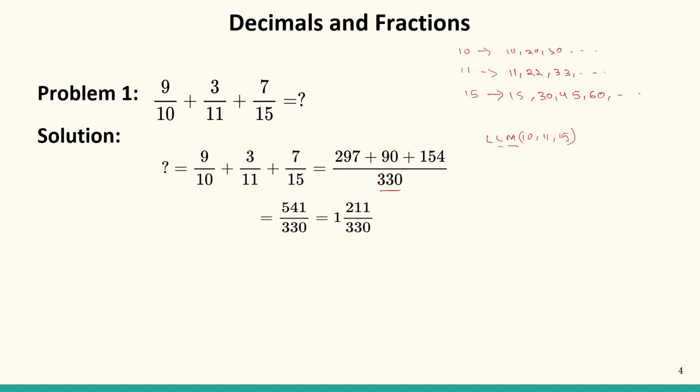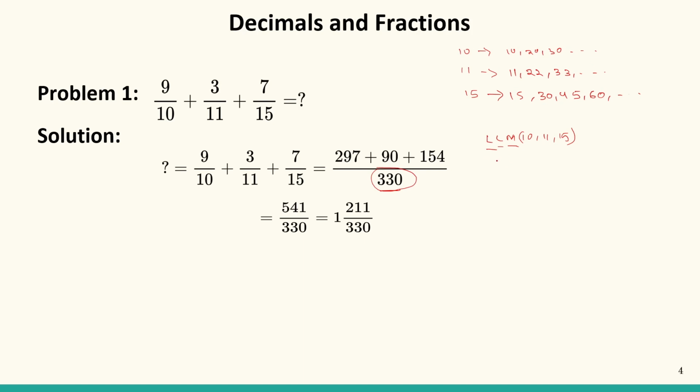Since 330 is the first common, it is also the lowest common multiple of 10, 11 and 15.